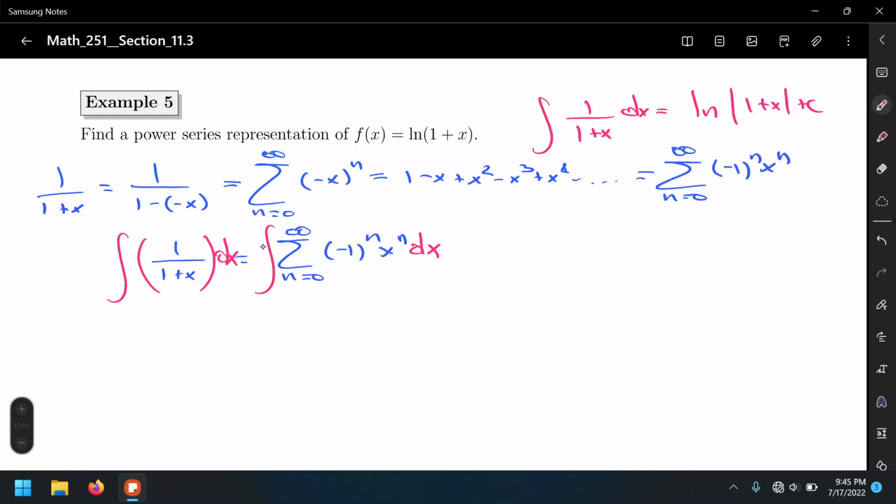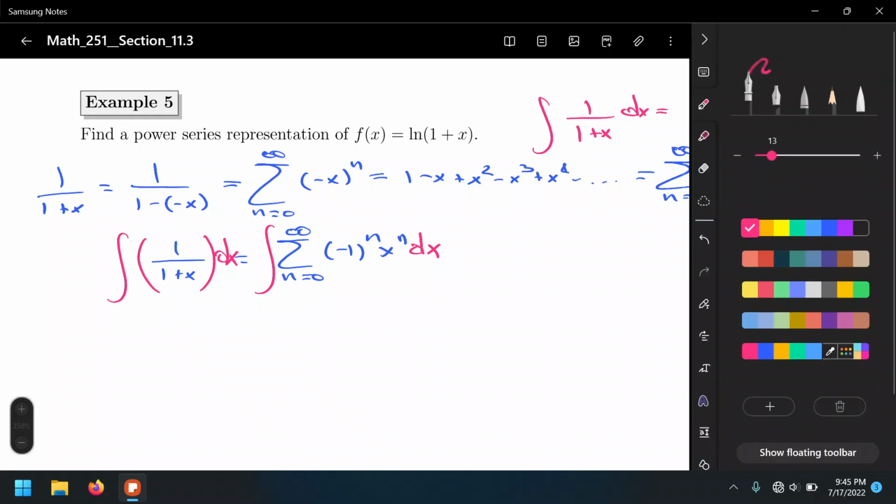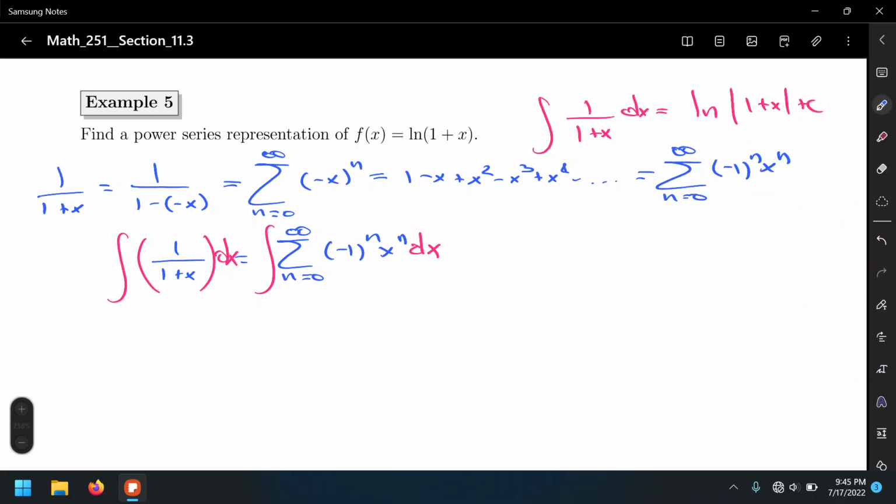Yes, this may look a little bit complicated, but think about this: all you're integrating is x to the n. And for the integral of 1 over 1 plus x, didn't we get ln of 1 plus x as we desired before?